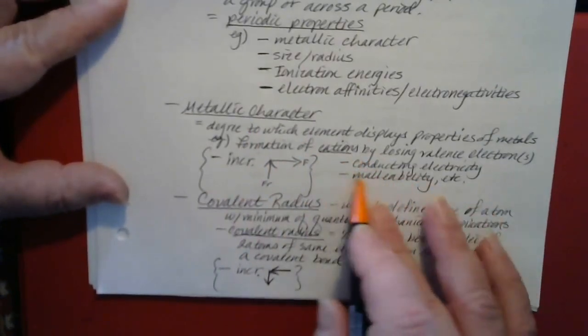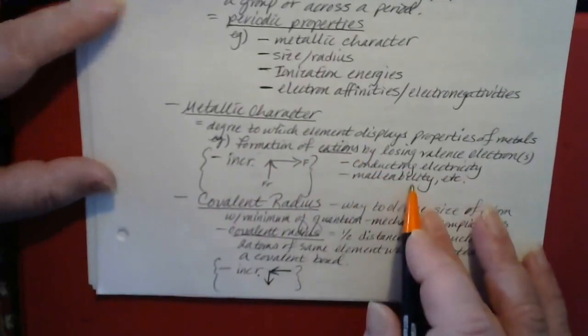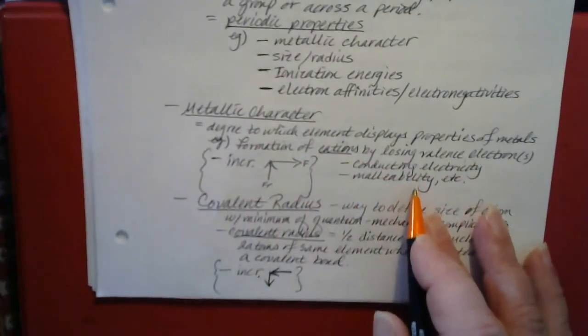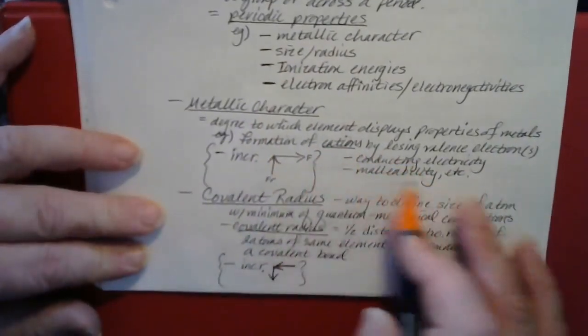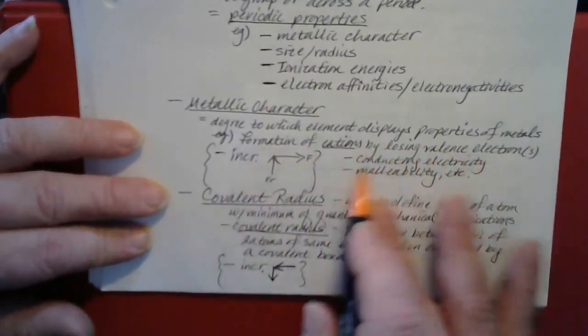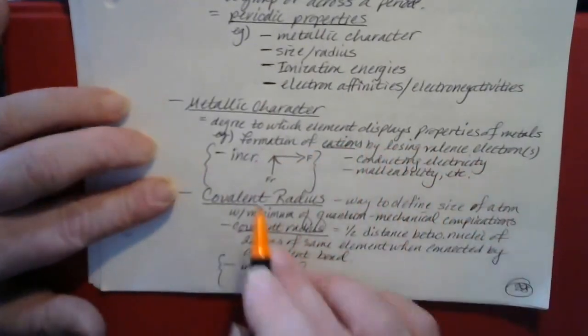But also metals conduct electricity and they're malleable. That is, you can hammer them into a flat sheet without having them shatter and break apart. Those are all things that metals like to do. So metallic character is basically the degree to which an element exhibits these characteristics.